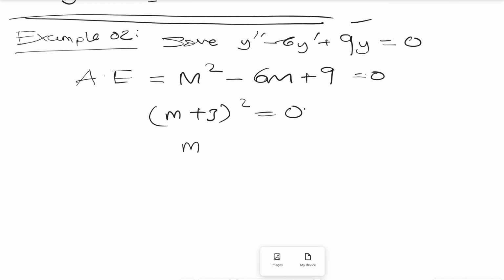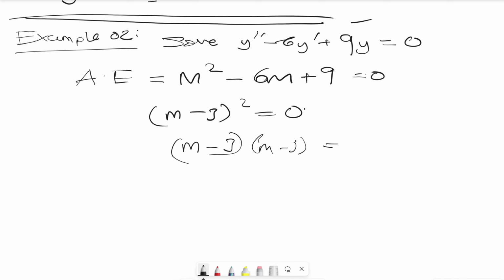This is not m plus 3. This is m minus 3 whole square. So m minus 3 and m minus 3 is equal to 0. So m is equal to 3 and 3.